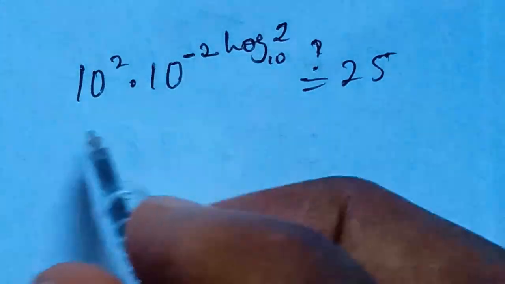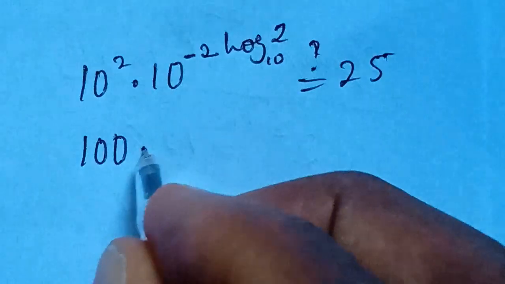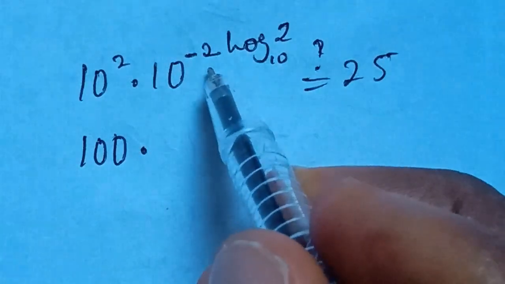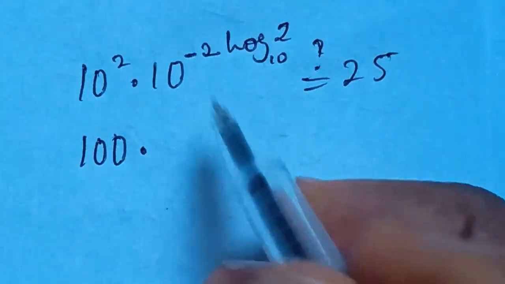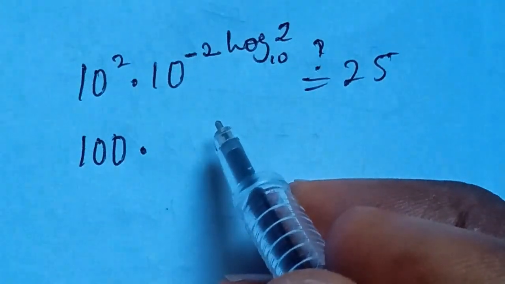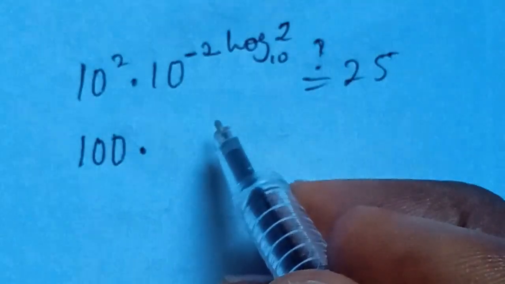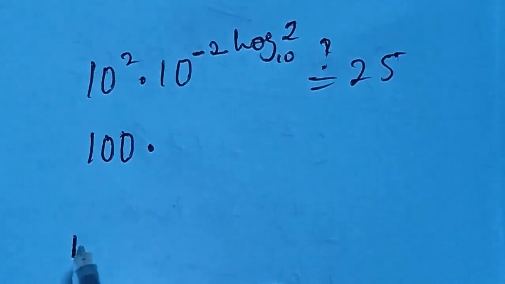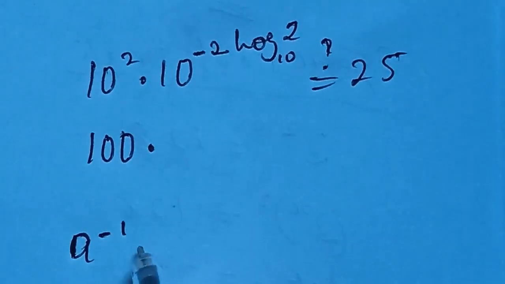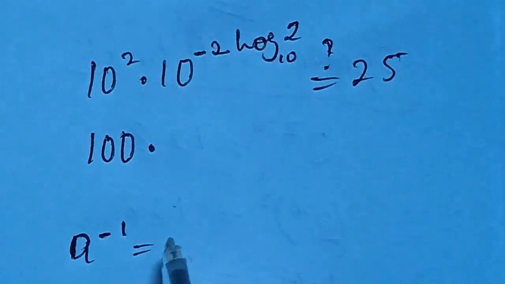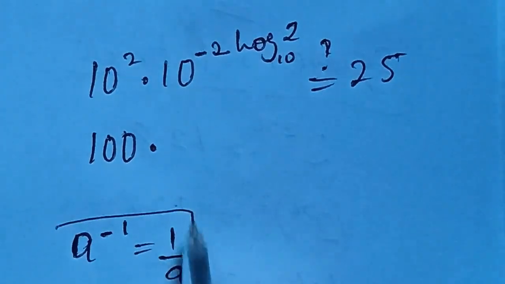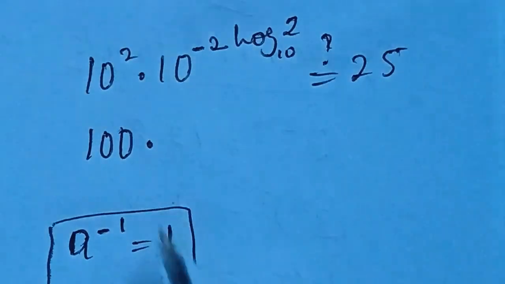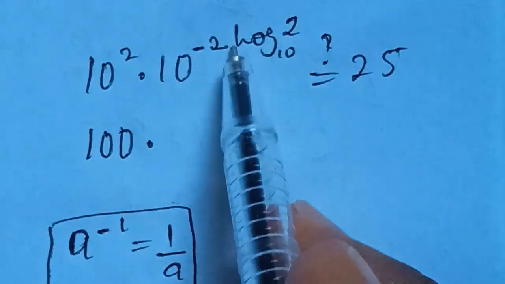Our 10 to the power of 2, which is given as 100, can also be multiplied. So from this side of the expression, whenever we have a negative power, it can be written as 1 over that very expression. That's what I mean: if we have a to the power of minus 1, we can write it as 1 over a. So a here is this 10, base 10, while the minus 1 is representing the whole of this expression.